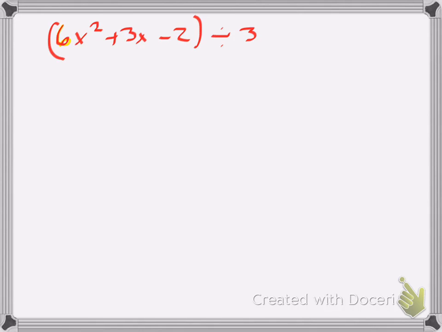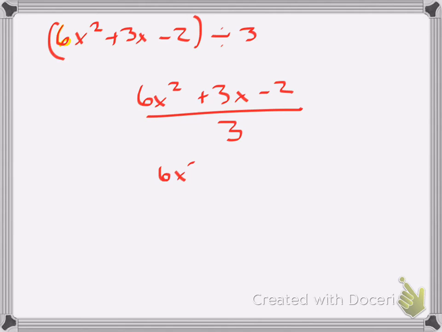So an easy way to do this, if you're dividing a polynomial by a monomial, is that this really means 6x squared plus 3x minus 2 all divided by 3. That's the same thing as 6x squared over 3 plus 3x over 3 minus 2 over 3. And then just cross-cancel each term.